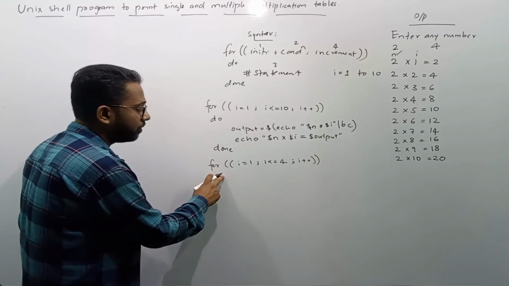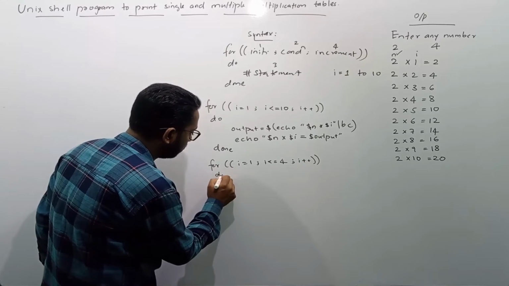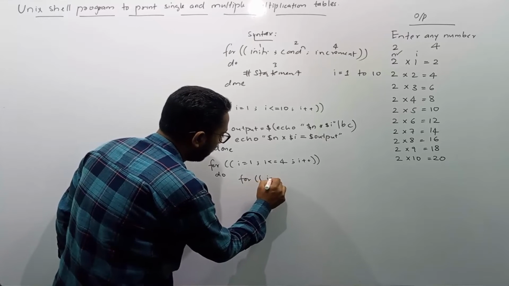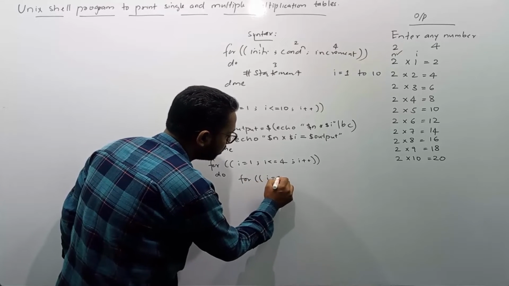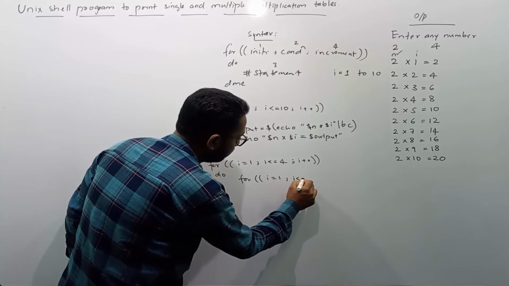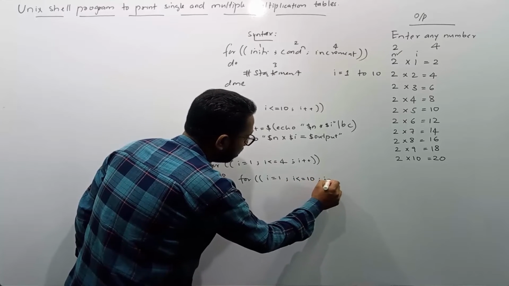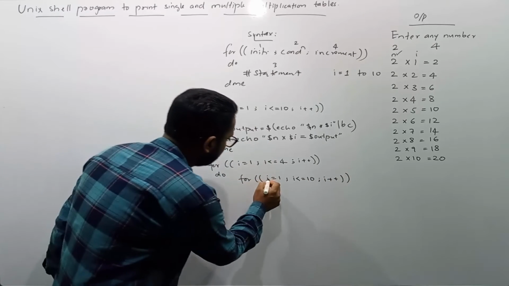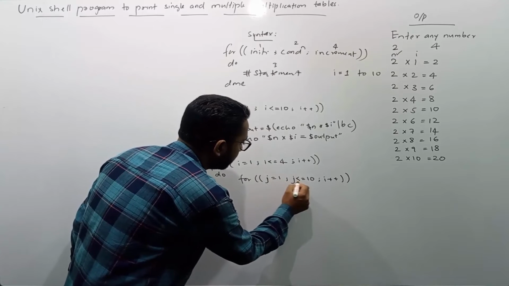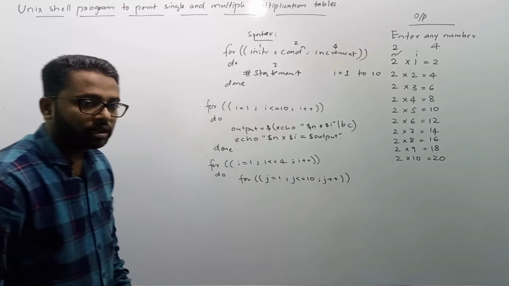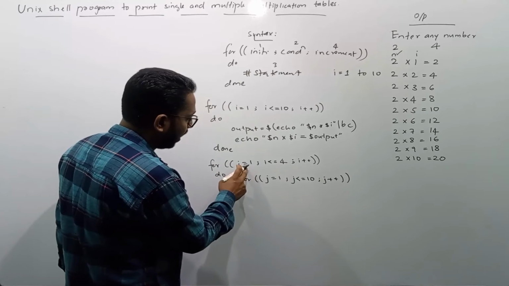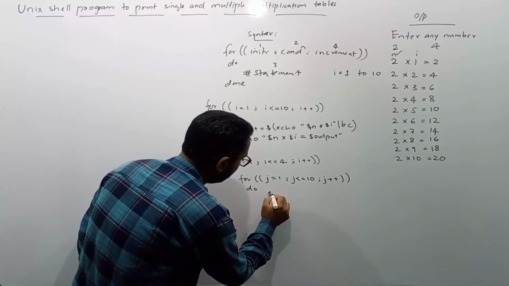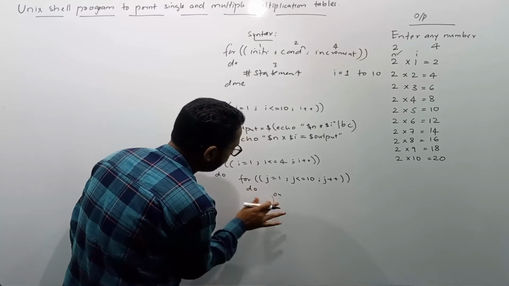Along with this for loop, I should use one more for loop. This for loop also starts with 1, and the condition will be 10. This should be j equals 1, j is less than or equal to 10, and j plus plus. Now I need to multiply the value of I with the value of j and store that value inside the output variable.